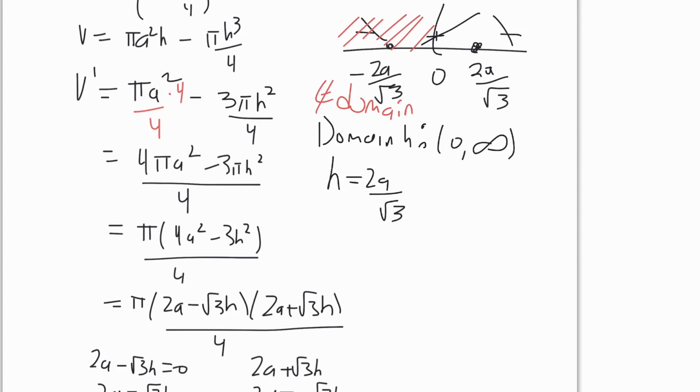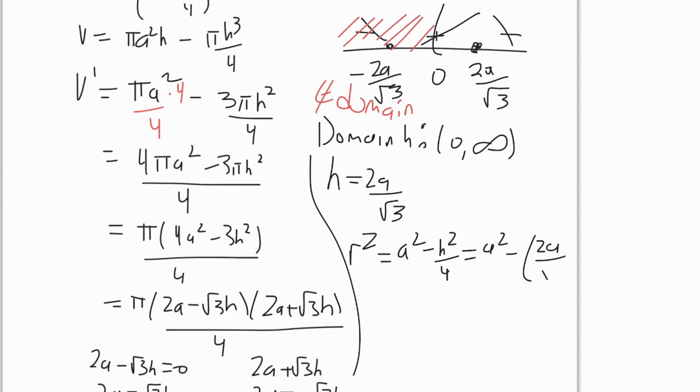Let's go ahead and find our value for r. We knew, of course, that r squared was equal to a squared minus h squared over 4. So we'll get a squared minus 2a over root 3 squared over 4. Yikes, that's a bit messy, but we can work on that.